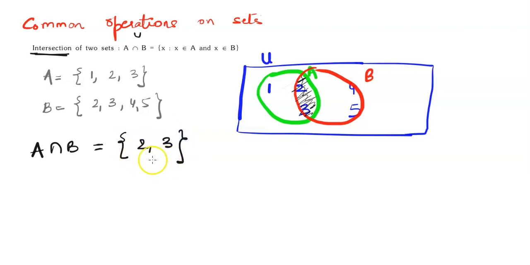These are the only two values which belong to both A as well as B. So the intersection, A intersection B, is the values or the objects which are common to both A and B.